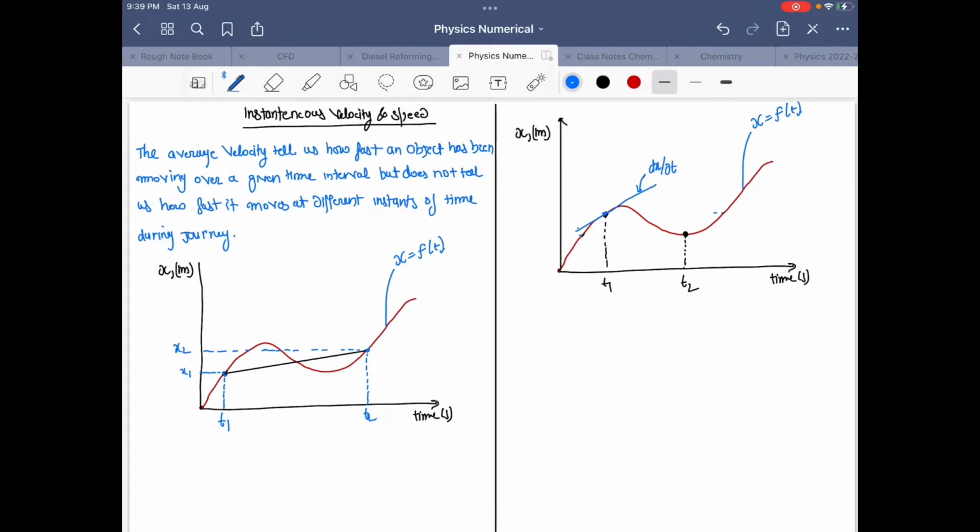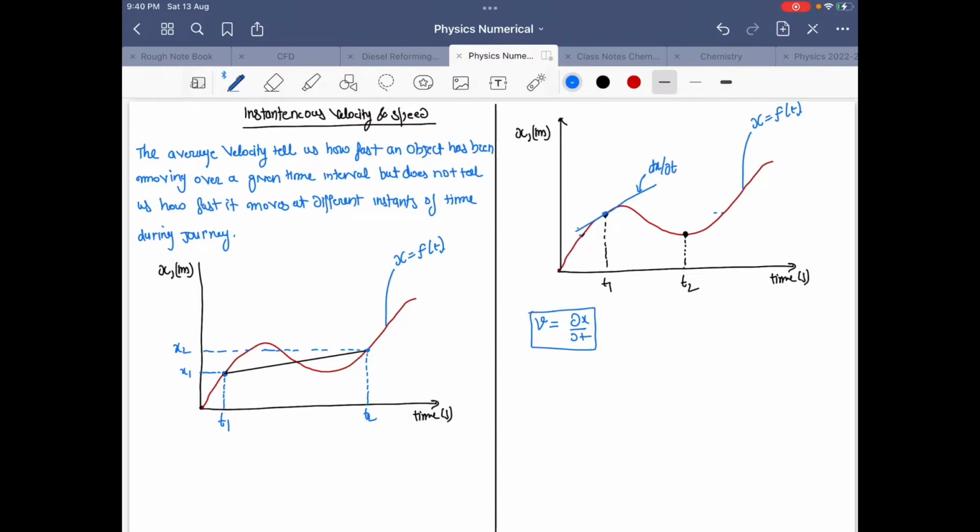If you find this dx by dt, that will give you the instantaneous velocity at that instant of time. So this slope will give you the velocity at that instant, that is dx by dt. You have to differentiate how the object is moving with respect to time. That will give you the instantaneous velocity.